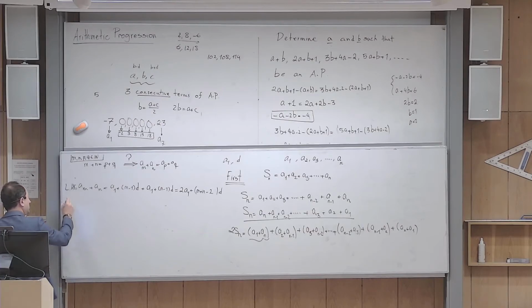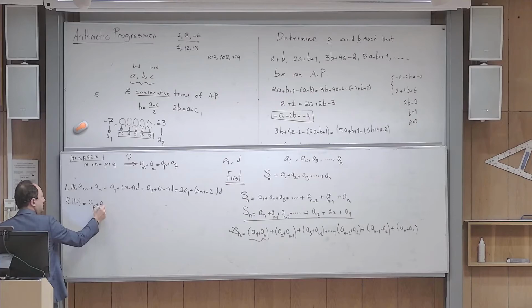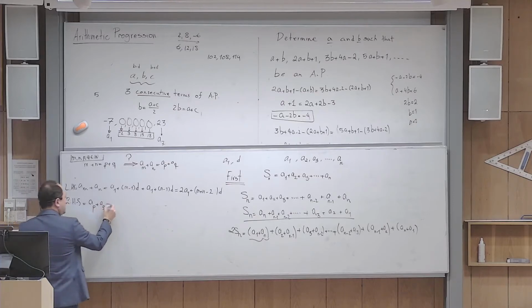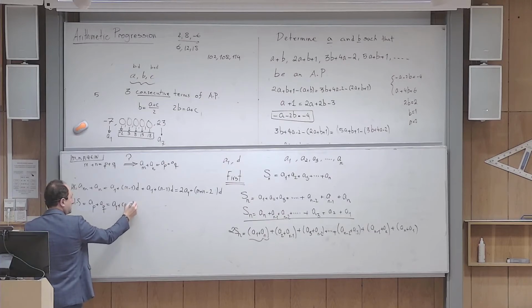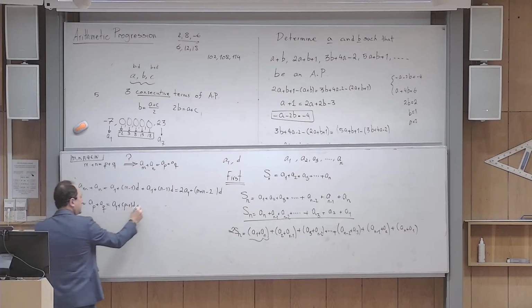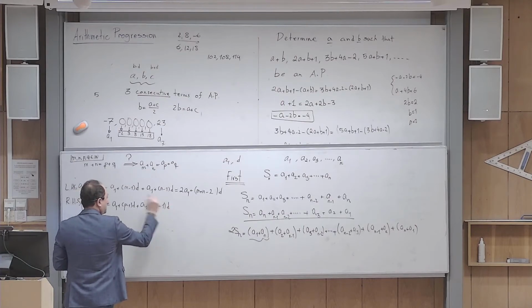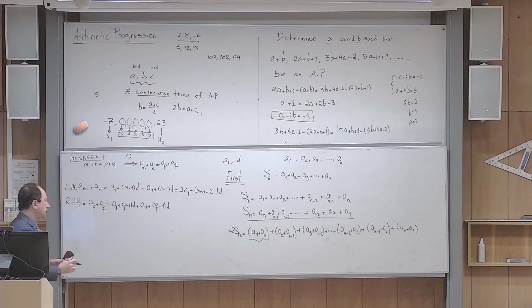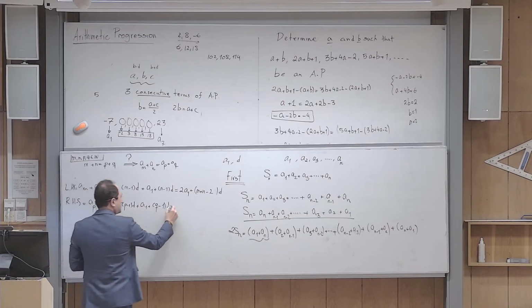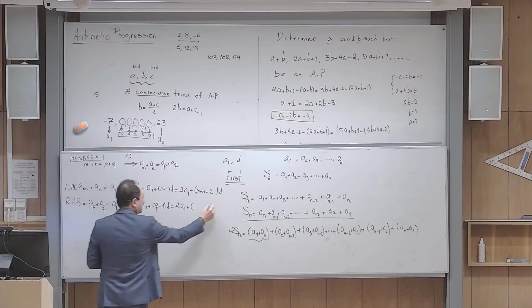Let me calculate the right-hand side as well. So this is A sub P plus A sub Q. But A sub P means A1 plus P minus 1 D, yes? And then A sub Q is A1 plus Q minus 1 D. But again, A1 plus A1 is 2A1, plus I factor a D out.